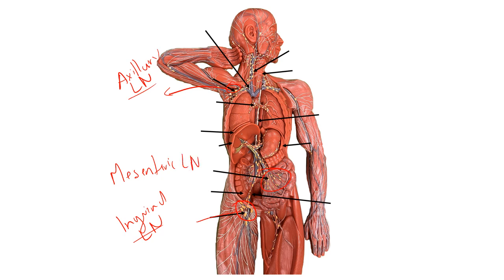We have some here, so those lymph nodes are called the mediastinal lymph nodes. The ones that we have in the neck, cervical lymph nodes. And here we have a few other things.